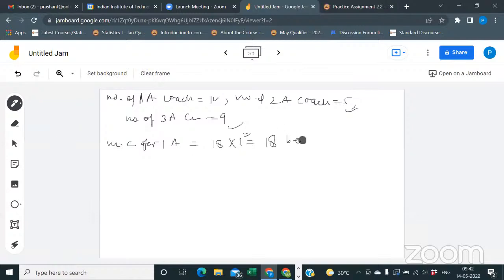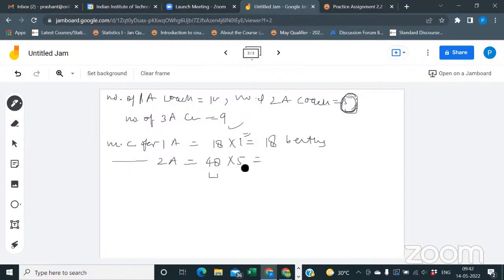Then the maximum capacity for second AC coaches? See, you have 5 coaches, and in each coach the maximum capacity is 48.